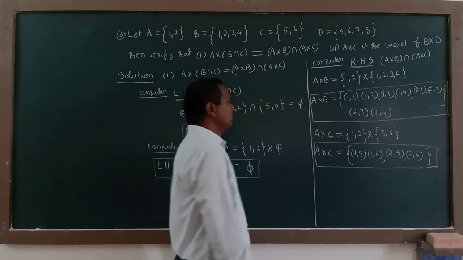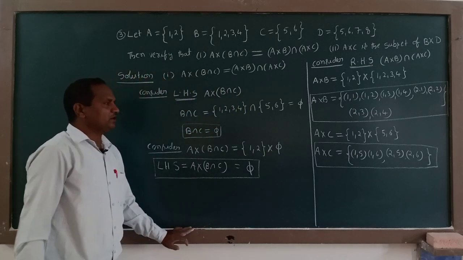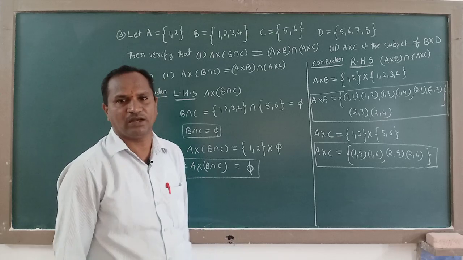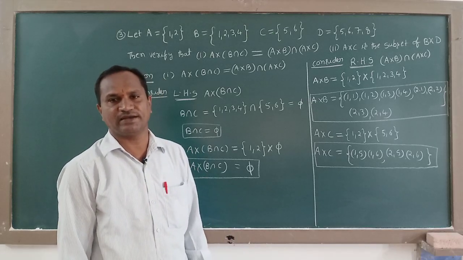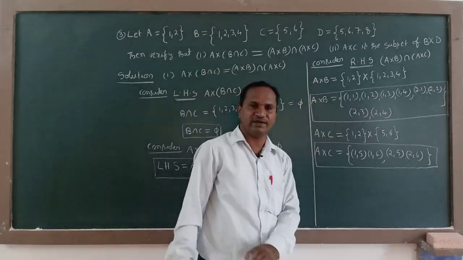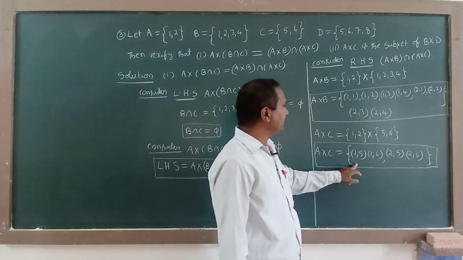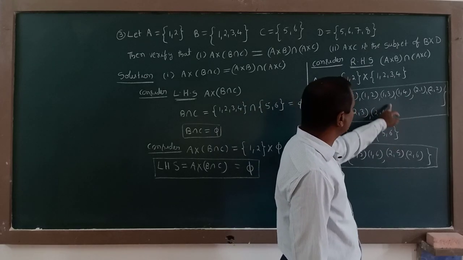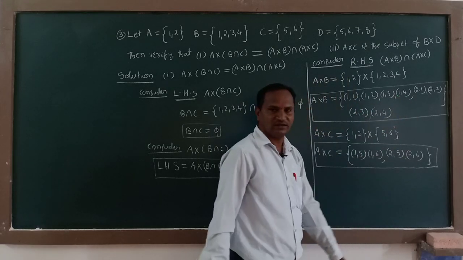If you observe, the Cartesian products A cross B and A cross C do not have any common elements. A cross B and A cross C have different elements. See, 1 comma 5 is not there, 1 comma 6 is not there, 2 comma 5 also not there, 2 comma 6 also not there.